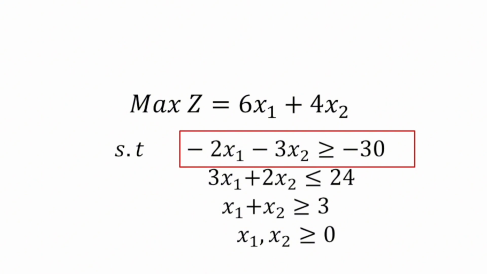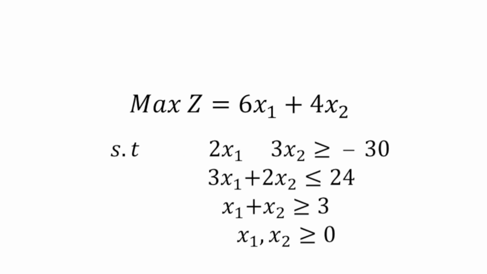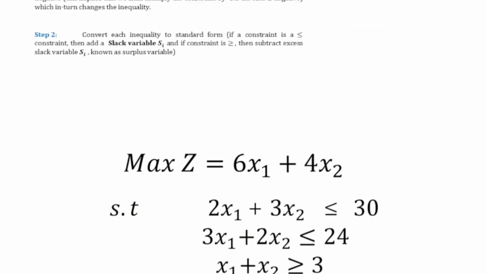What we are going to do is multiply both the right hand side and the left hand side by -1. By doing this, you see that the sign changes: we have a positive sign, the negative goes, and we now have a less than or equal to, because we have multiplied both sides by -1.